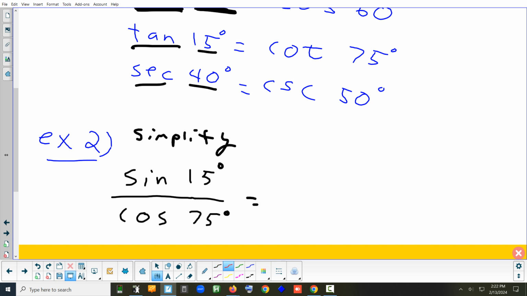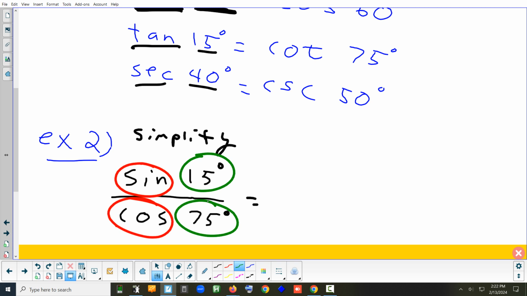Let's start with sine and cosine. Sine and cosine are what kind of functions? Cofunctions. They are cofunctions. 15 degrees and 75 degrees are what kind of angles? Complementary. Together they're complementary. So we have cofunctions of complementary angles.